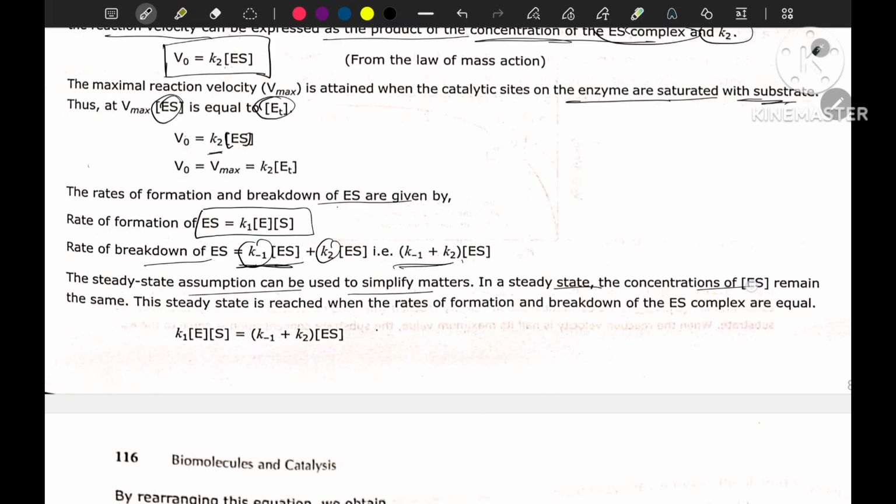In a steady state, the concentration of ES remains the same. The steady state is reached when the rates of formation and breakdown of the ES complex are equal. So we say K1 [E][S] is equal to the rate of breakdown of ES.